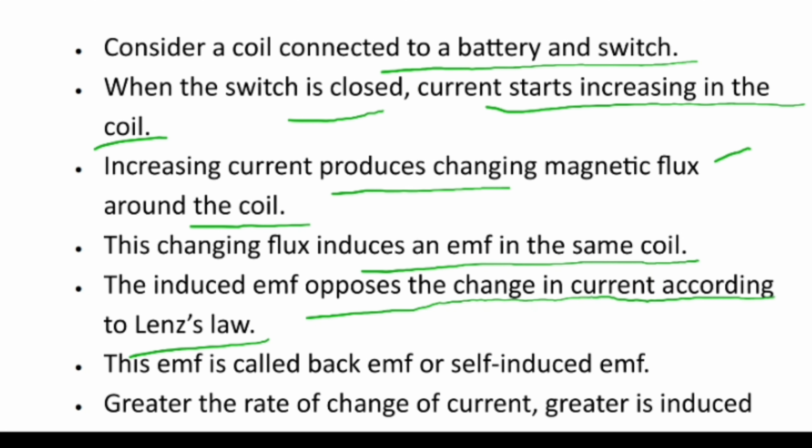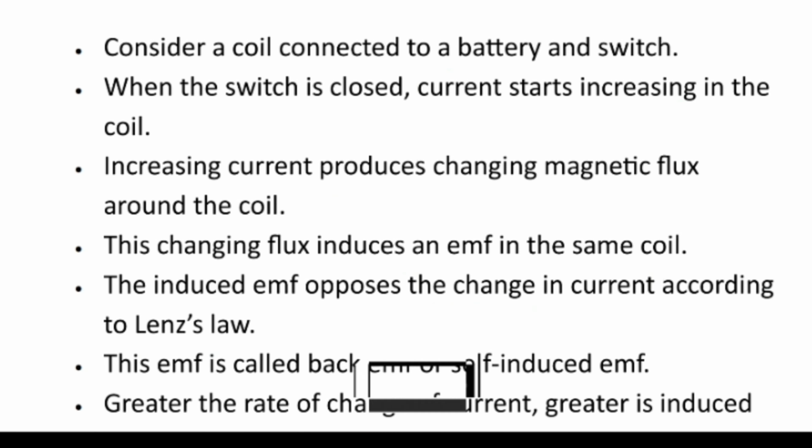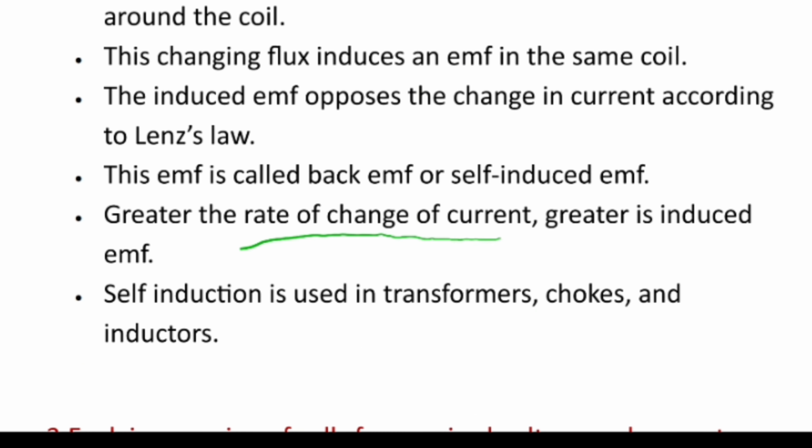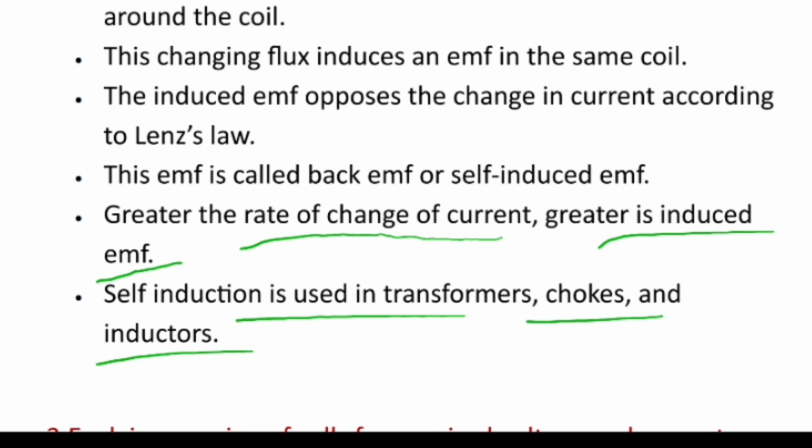This EMF is called back EMF or self-induced EMF. The greater the rate of change of current, the greater the induced EMF. Self-induction is used in transformers, chokes and inductors.